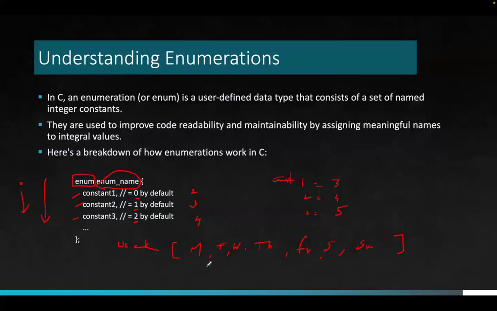You don't need to assign values, that's also fine. Enum will by default assign 0 to 6. Or else if you want it to start from 1, you just assign Monday equal to 1, and up to Sunday it will assign 7. So this is one classic example for enums.